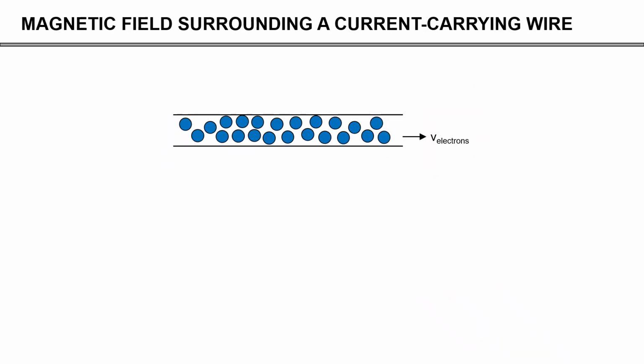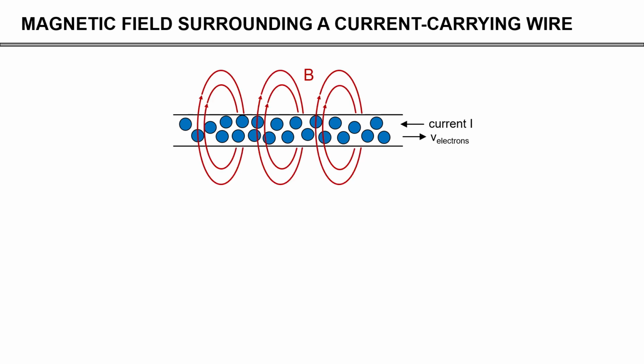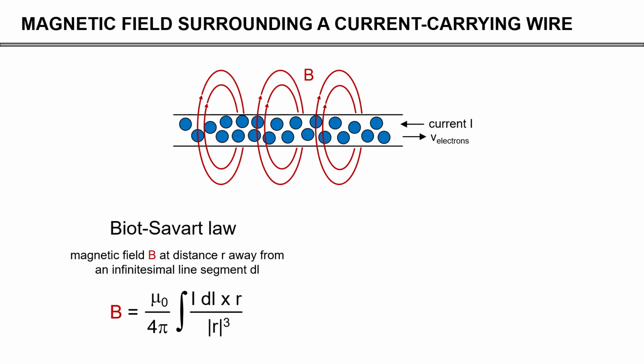Okay, so let's have a look at a copper wire with electrons in it. The electrons run in that direction, and by definition, the current is then running in the opposite direction, as discussed in the first video. In this scenario, you will generate a magnetic field that surrounds the wire as such. This can be very easily described with the so-called Biot-Savart law, which gives you the magnetic field at distance r away from a small line segment.